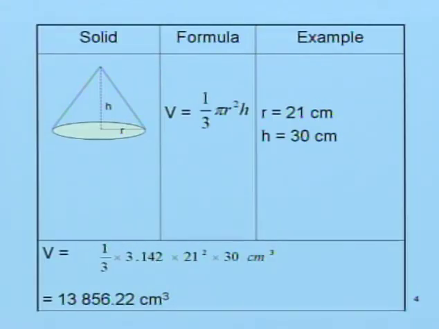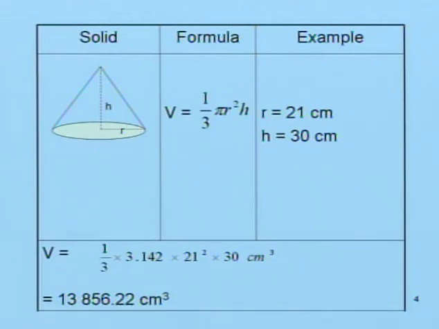Here is another solid. This time it is a cone. In a cone, we have a radius which is shown as r, and we have a height given as h.